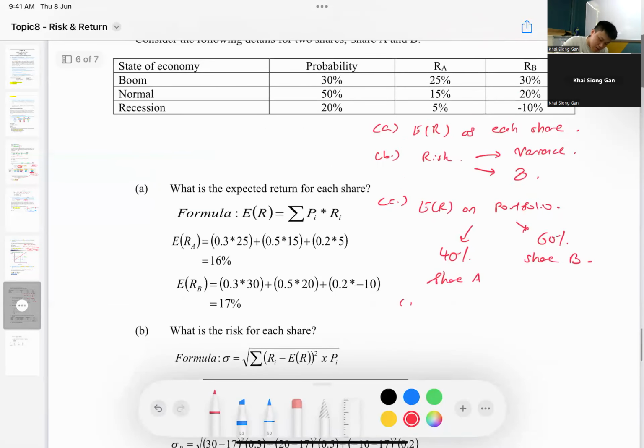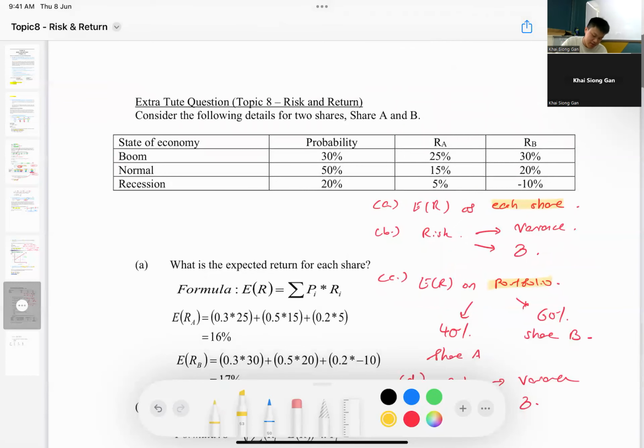And lastly, what is the risk of this portfolio? Again, variance and standard deviation for the portfolio. So the first two questions are on individual assets, and the next two questions are on the portfolio. Try and do this and I'll show you the answers.